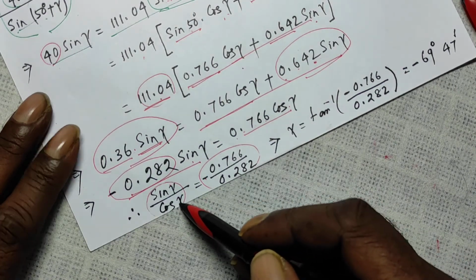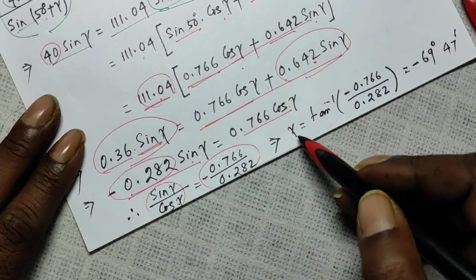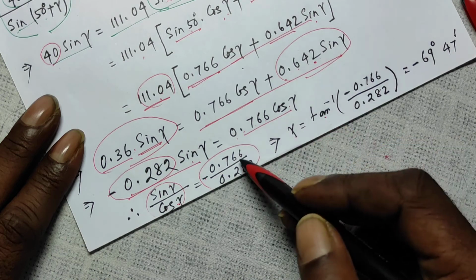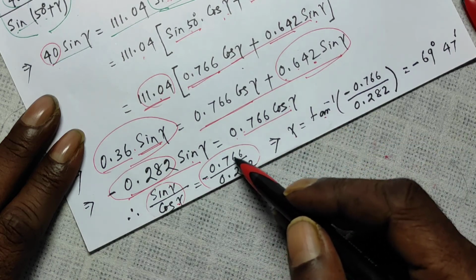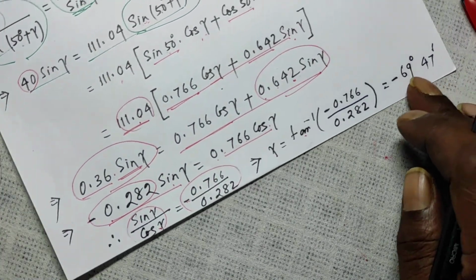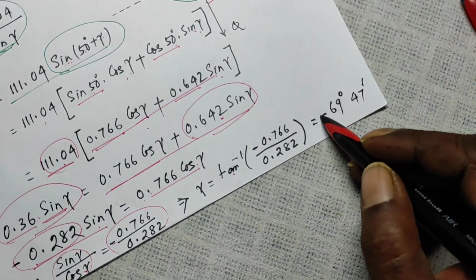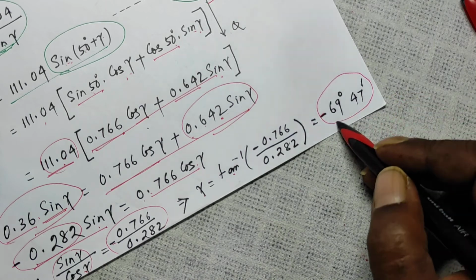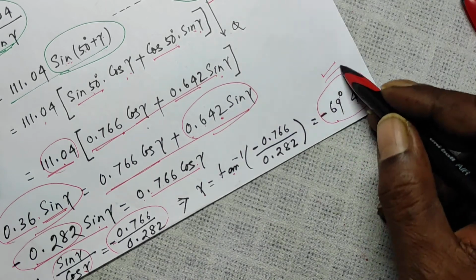Sine gamma over cos gamma is tan gamma, so gamma is equal to tan inverse of minus 0.766 over 0.282. That, if you use a scientific calculator, comes out to be minus 69 degrees 47 minutes of arc.